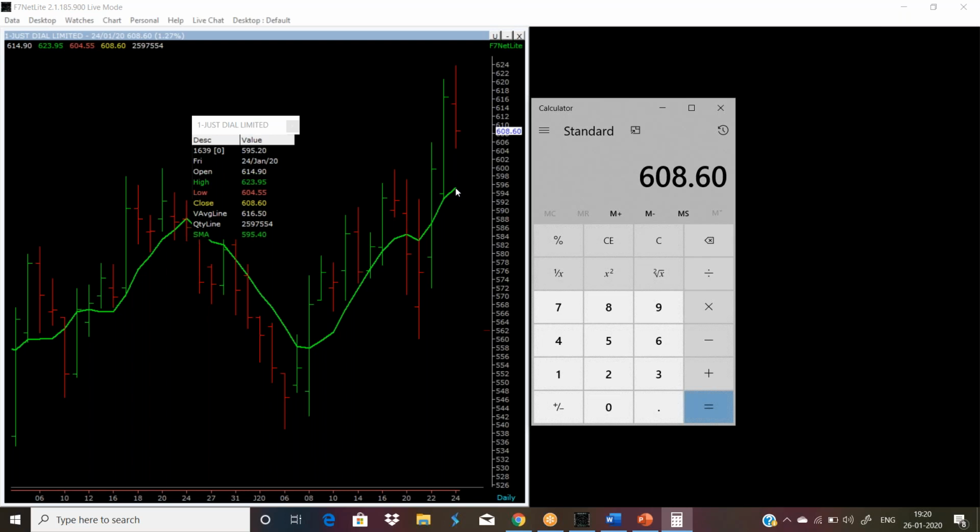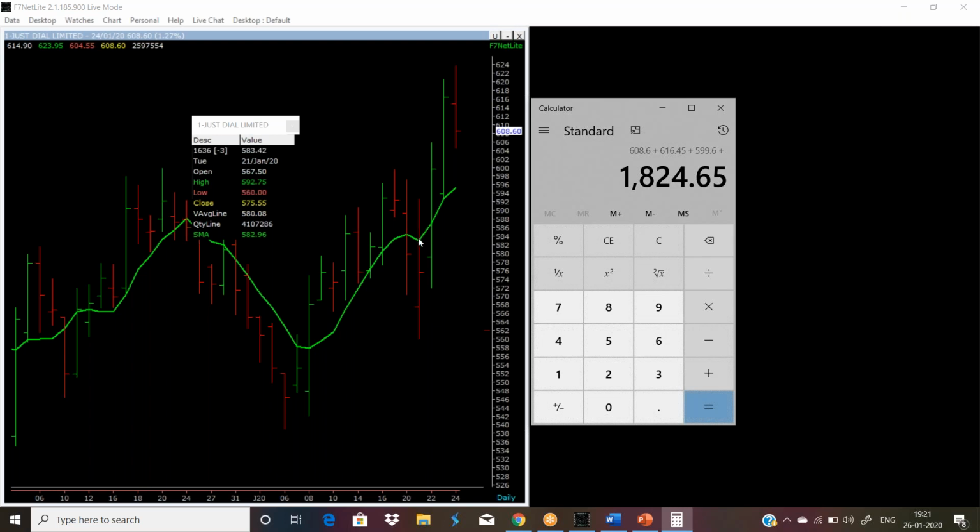608.60 added to the previous close, 616.45. This is the previous close added to this close. 599.60 is the third close.